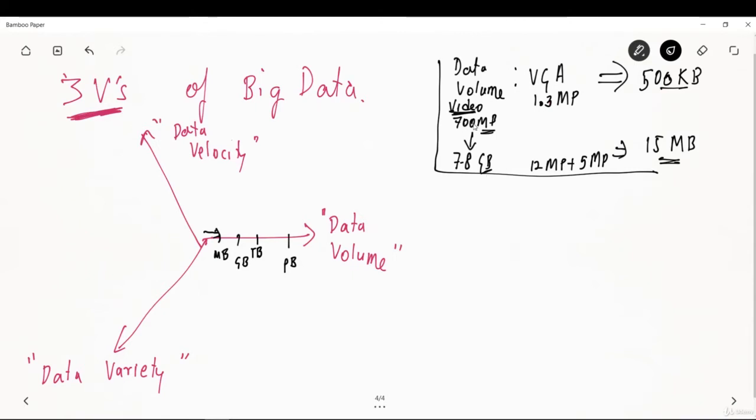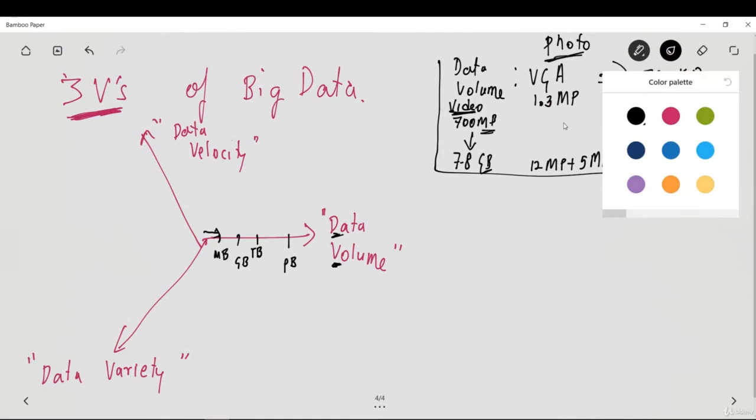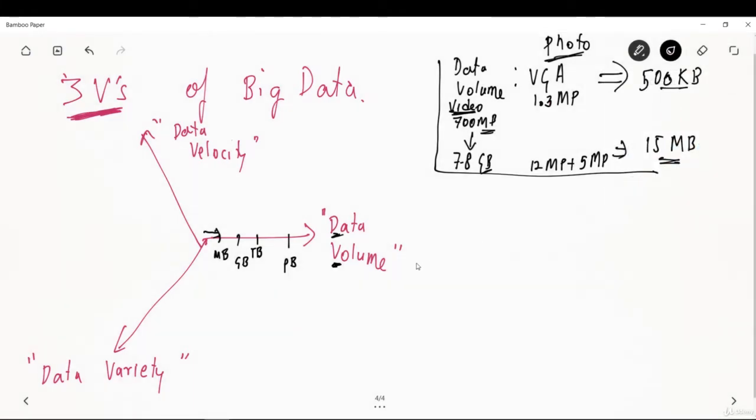Whatever you are doing, whether clicking a photo or making a video, the size just keeps increasing. So this is my first V, called data volume. The volume of data being generated has increased. Also, multiple users, multiple people, have started using the systems, which has also increased the data volume.